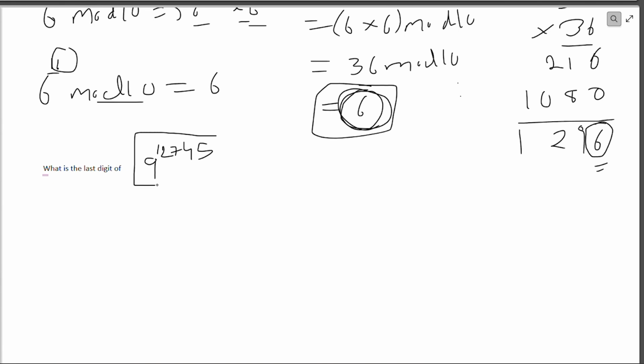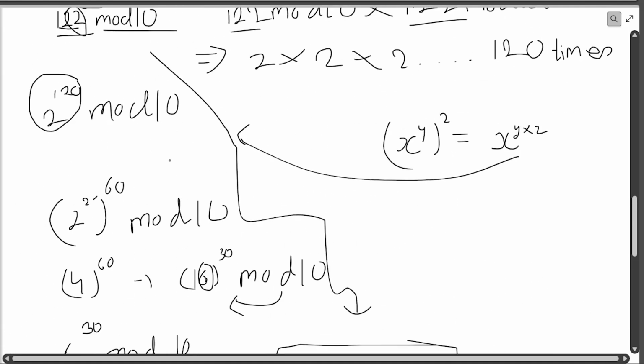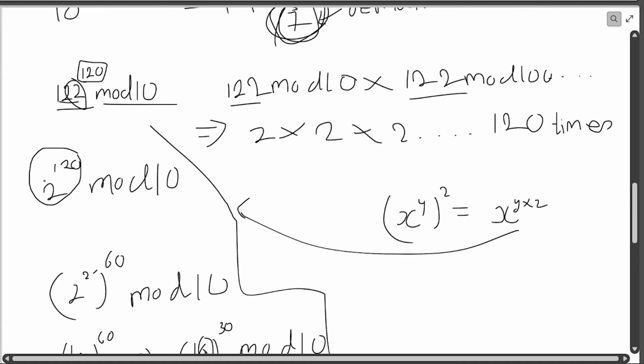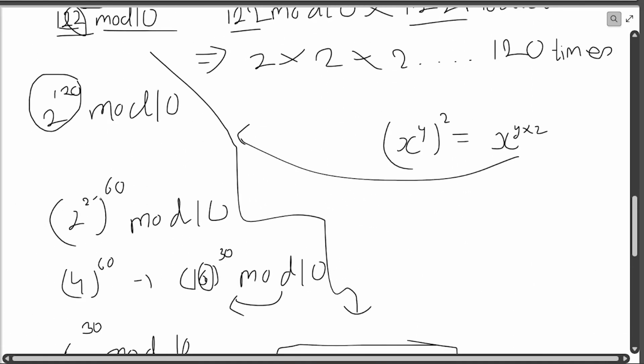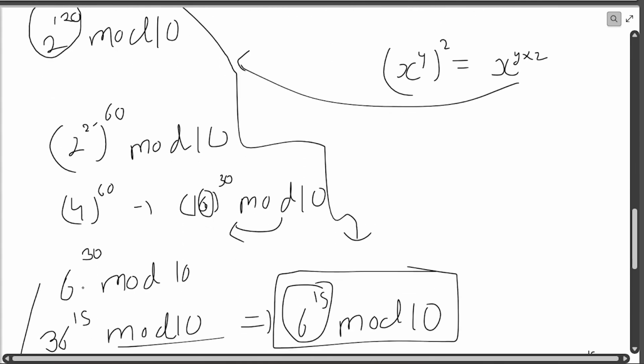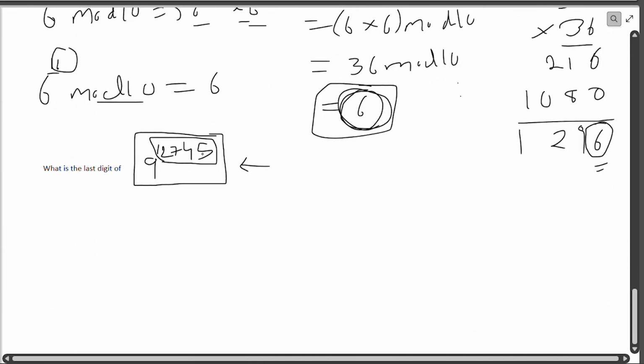Now looking at this, this is completely unsolvable by hand. You cannot calculate such a large exponent. And even trying to break this down using techniques like the one where we took the squares and made this number bigger and this number smaller, also seems very far-fetched in this question.